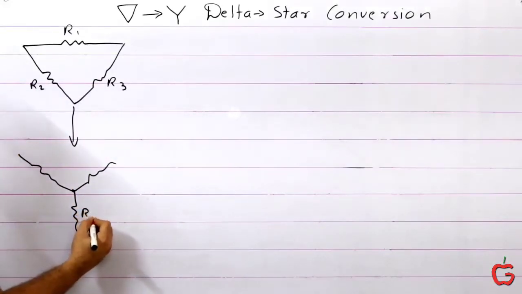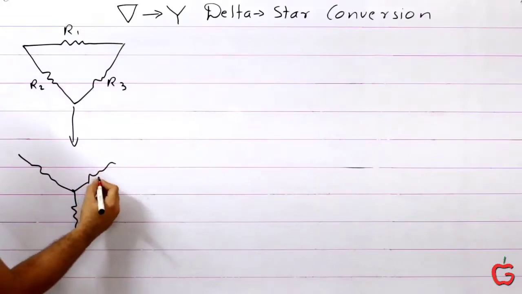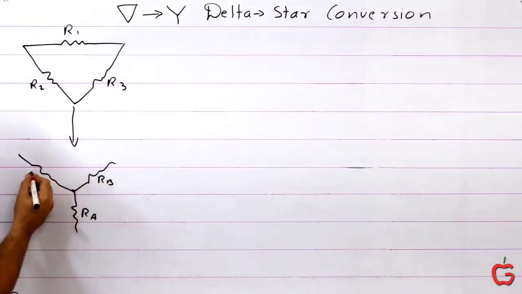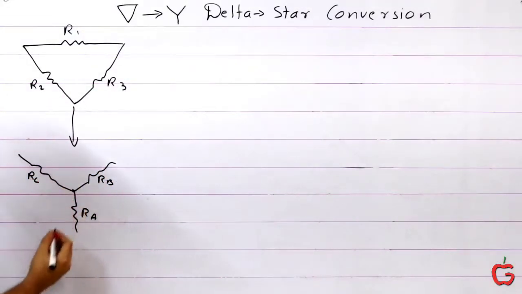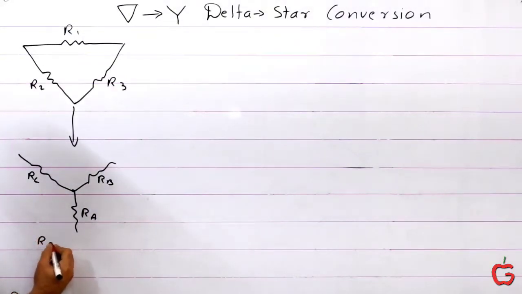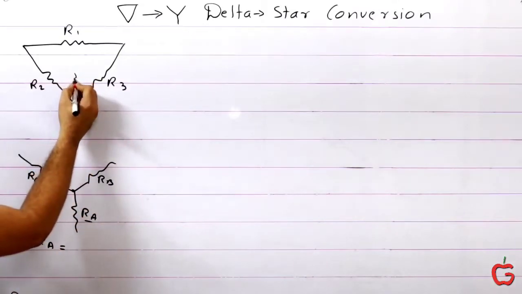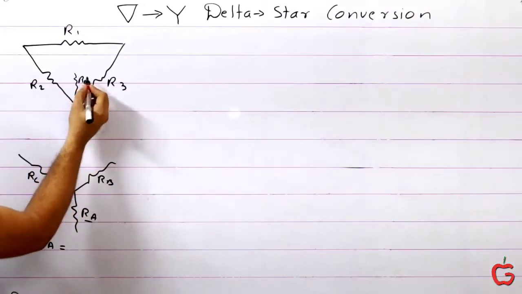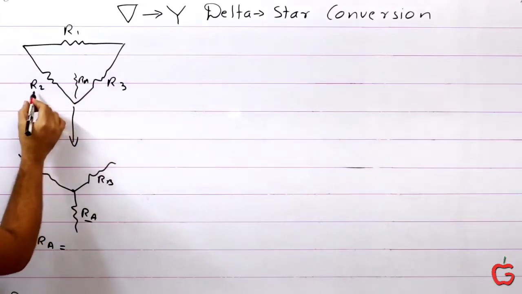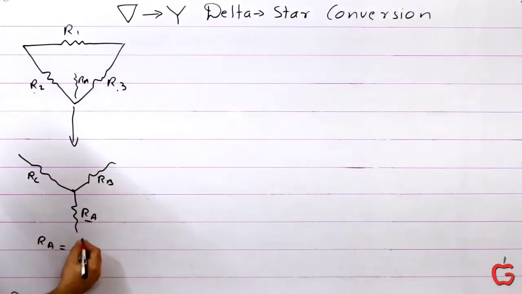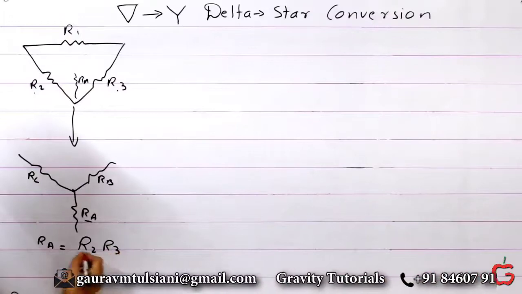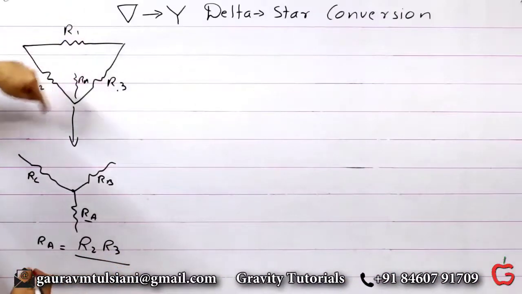So let's call these RA, RB and RC. So the formula to do this is RA. You can see RA will be here. So RA has R2, R3 divided by the sum of all three.